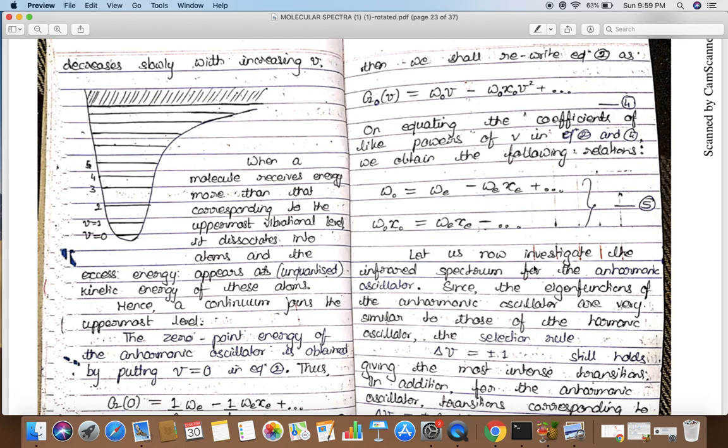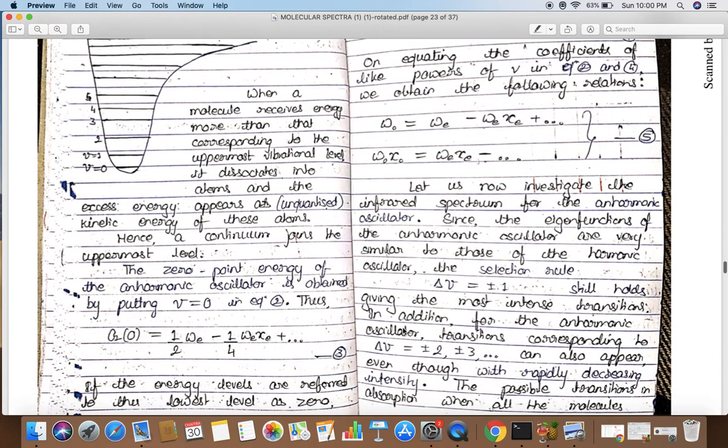Let us now investigate the infrared spectrum for the anharmonic oscillator. Since the eigenfunctions of the anharmonic oscillator are very similar to those of the harmonic oscillator, the selection rule delta nu equal to plus minus 1 still holds, giving the most intense transition, that is the fundamental.